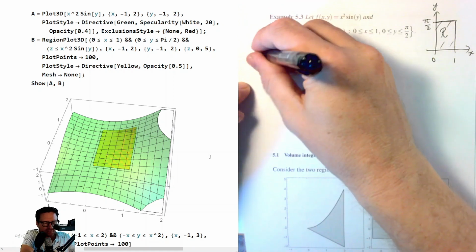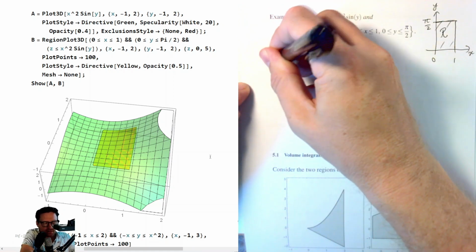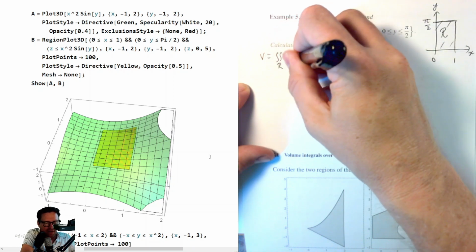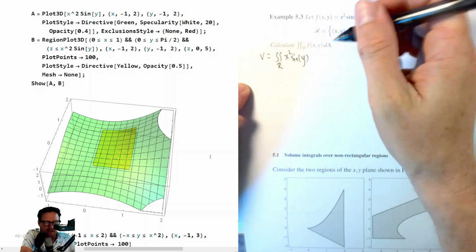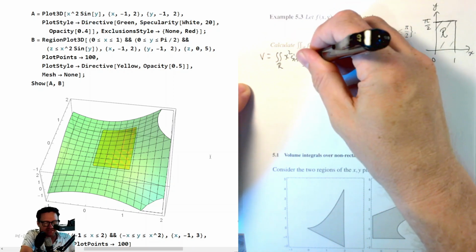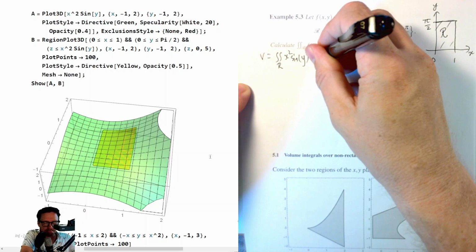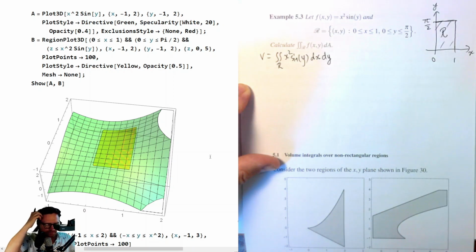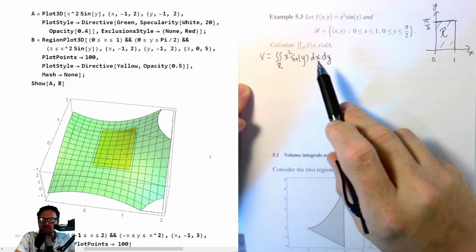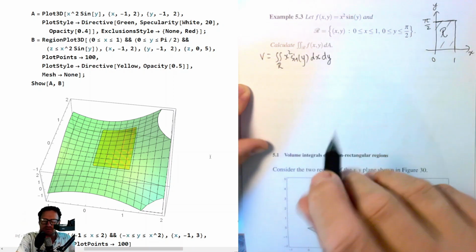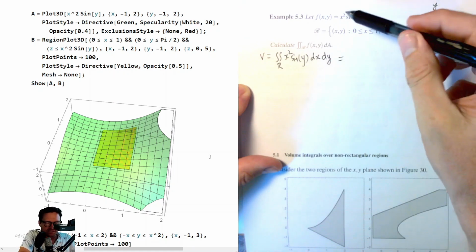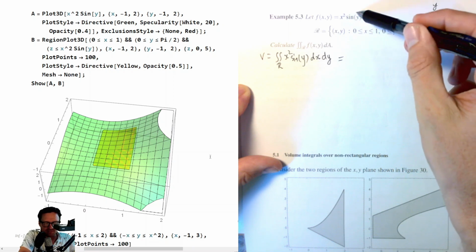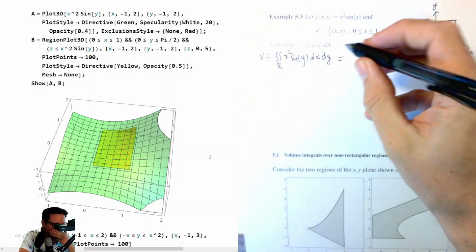So we've got the volume equal to integral over the region R of x squared sine of y. And then let's do this with respect to x first, and then with respect to y. It's a rectangular region, so it doesn't really matter which one you do first. So this is a function of x multiplied by a function of y. So we can break this up into two integrals.